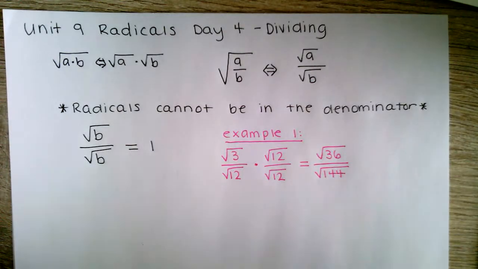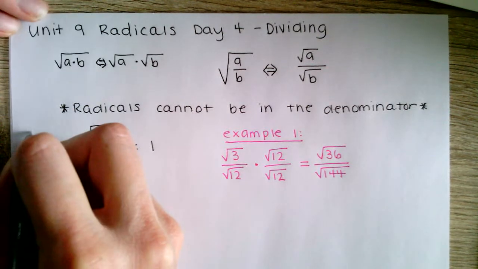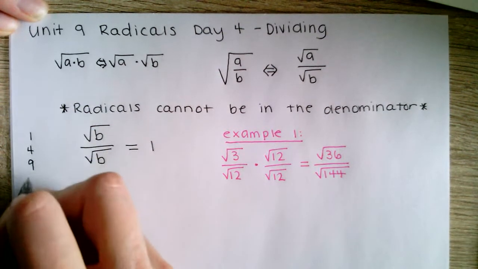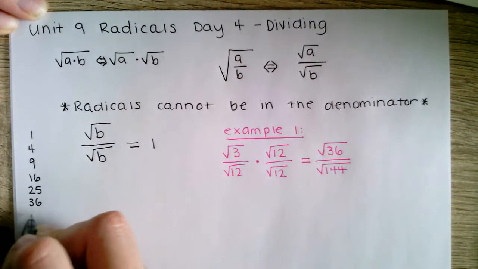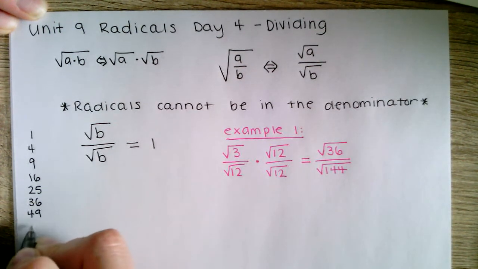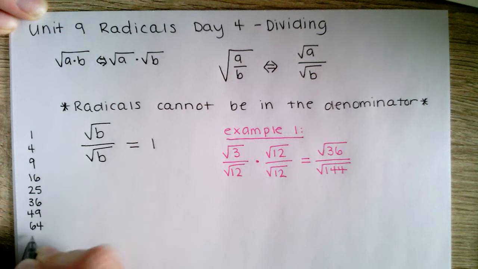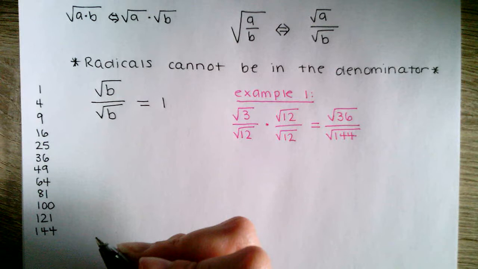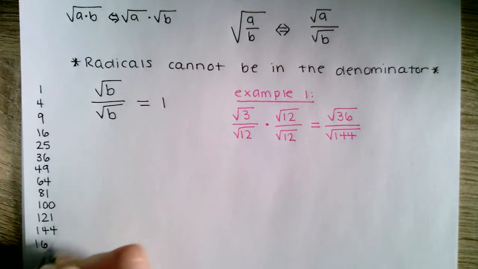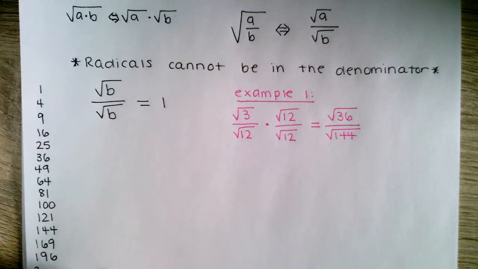If we take a second to revisit our list of perfect squares, I'll just do these off to the side. Remember, our perfect squares are 1, 4, 9, 16, 25, 36, 49, 64, 81, 100, 121, 144, and I know I'm a little bit off screen, let me move down there for you. 169, 196, and 225.